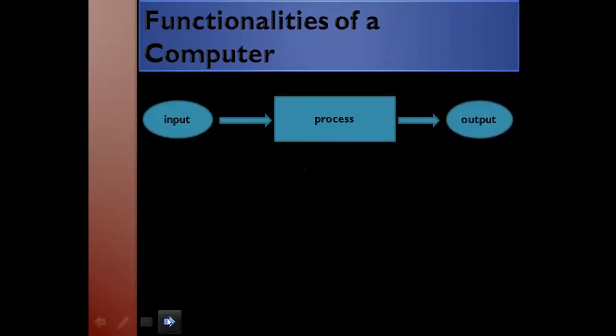As we know, a computer is a computing device, so the input is known as data, and the output is known as information.